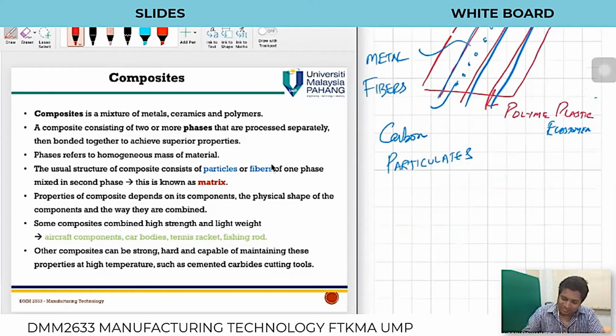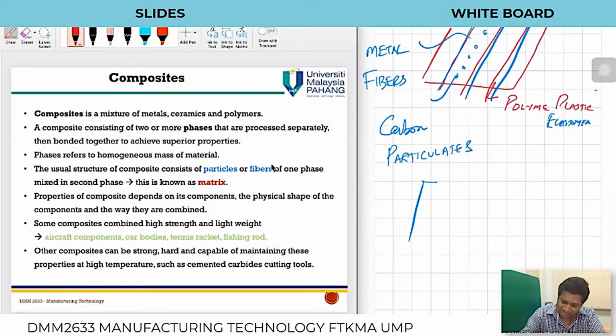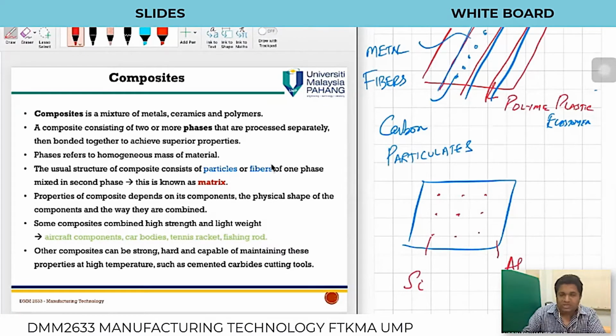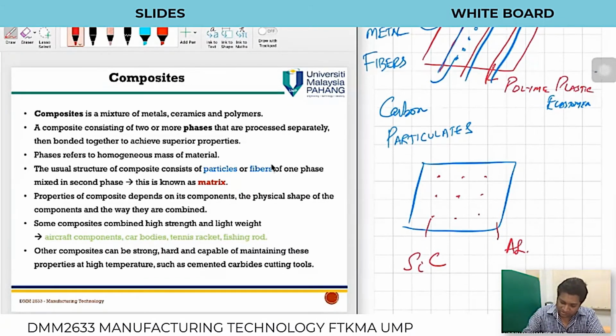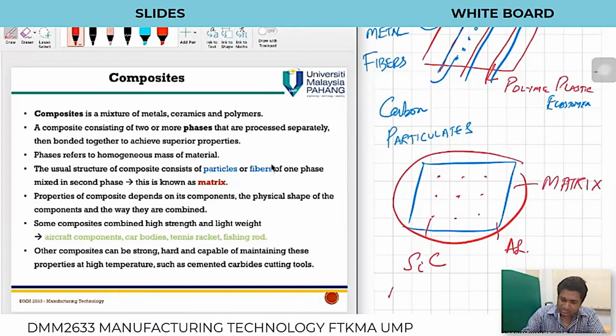Let's say I have a big metal piece, and I put silicon carbide particles inside. This is silicon carbide and this is aluminum. So it becomes a metal matrix composite. This blue part is called the matrix, so it is an aluminum matrix. The component which is more in quantity is called the matrix.